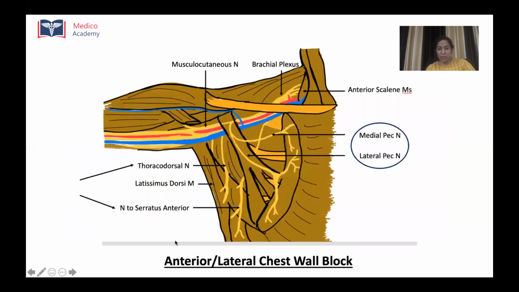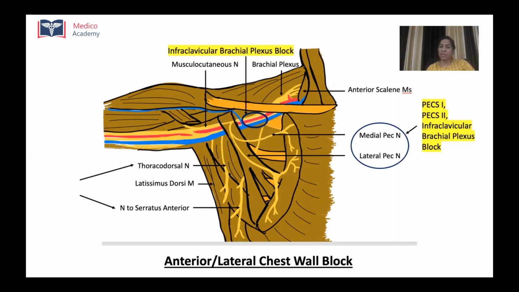So let's get back to the anterior and lateral chest wall blocks. For the blockage of the medial pectoral nerves as well as lateral pectoral nerves, what we need to give is PECS 1 or PECS 2. For the infraclavicular brachial plexus, what we need to do is an infraclavicular brachial plexus block.